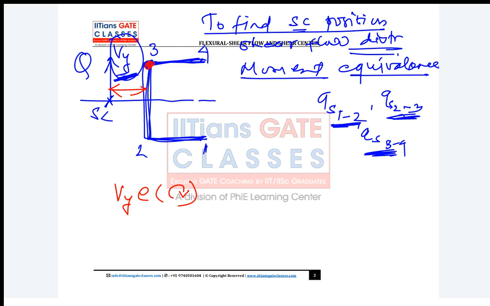Now guys, if you take this point 3, then what about these shear flows 3 to 4 and 2 to 3? They are passing through this point 3, yes or no?